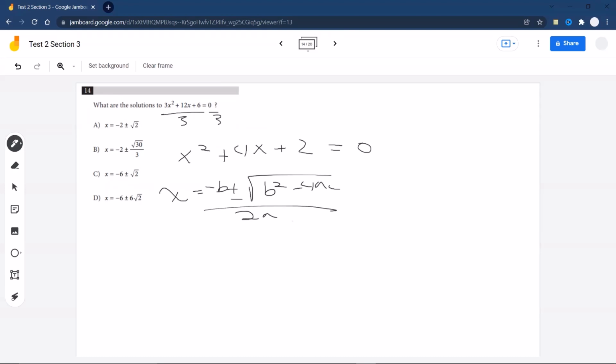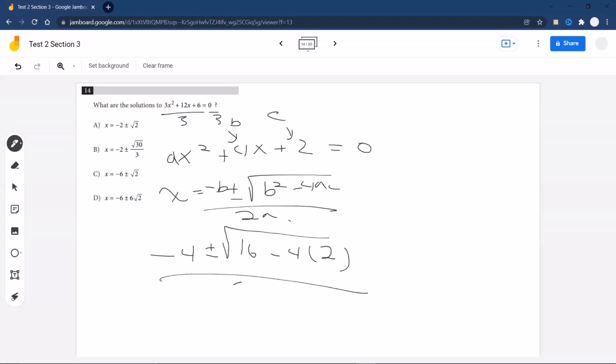That's the quadratic formula. So I'm just going to apply that here with all my parts, where this is a, this is b, this is c, right? So using that, I'll get negative 4 plus or minus the square root of 16 minus 4 times 2, over 2, because a is 1.